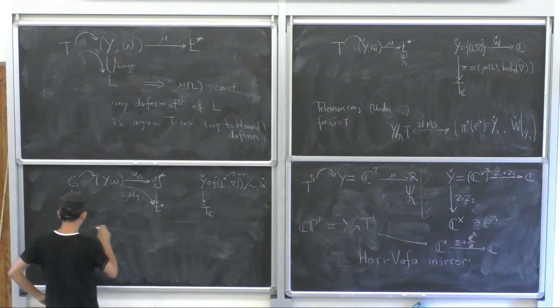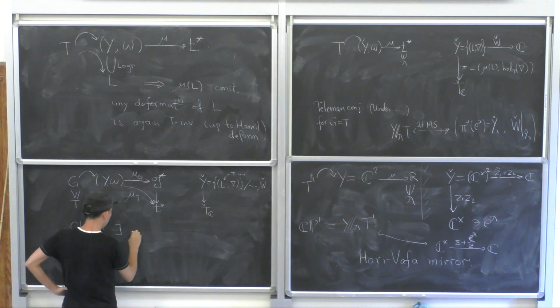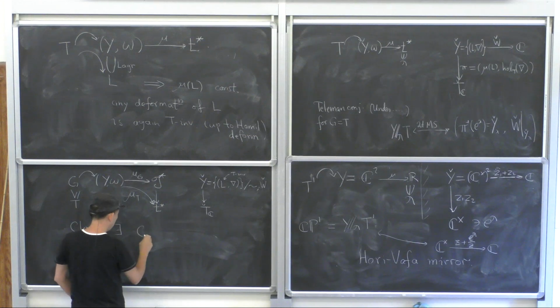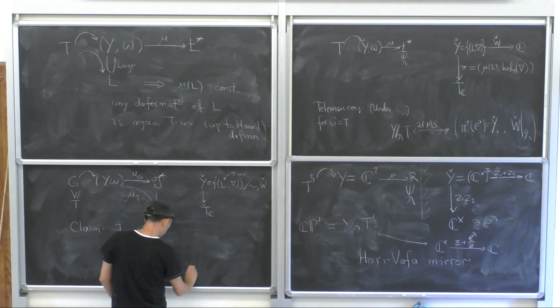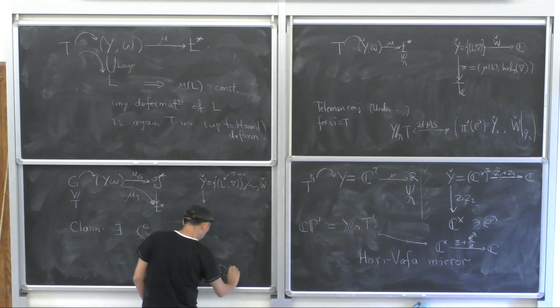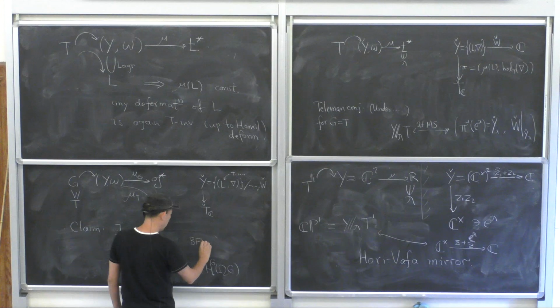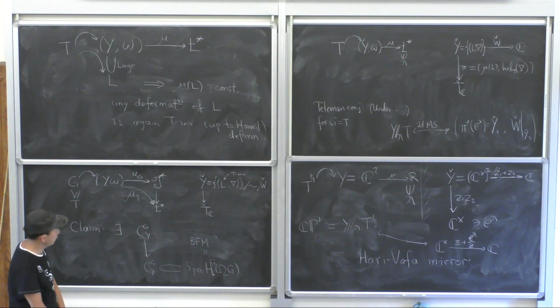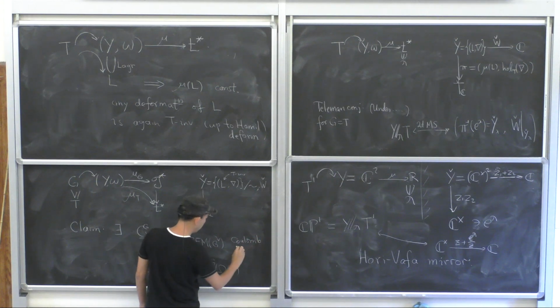The claim is that from this data, you can construct the following data, called C_G(Y), mapping to C_G, which is a complex Lagrangian inside the space Spec of the equivariant homology of G of the loop space of G. These are called the BFM spaces, by Braverman, Finkelberg, and Nakajima, of the Langlands dual group, and sometimes also called the Coulomb branch of the pure N equals 4 gauge theory.